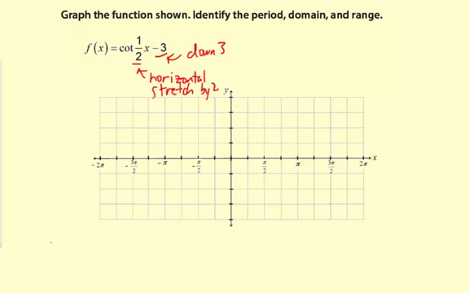Okay, now since there's a translation, I'm going to graph the function g of x equals cotangent of 1/2 x, and then I'm going to translate that down 3. Now we have a horizontal stretch by 2, which means the period is 2 pi.